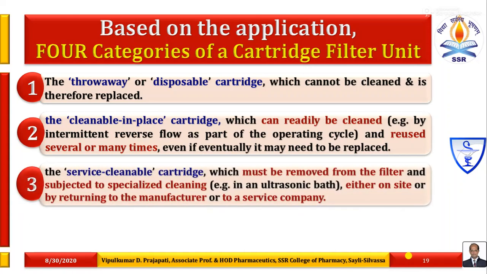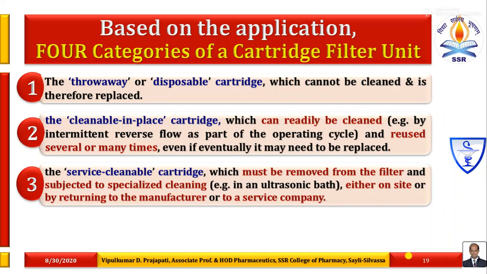The third one is known as the service cleanable cartridge, which must be removed from the filter and subjected to specialized cleaning, for example in an ultrasonic bath, either on site or by returning to the manufacturer or to a service company.